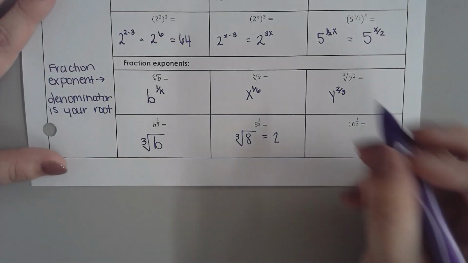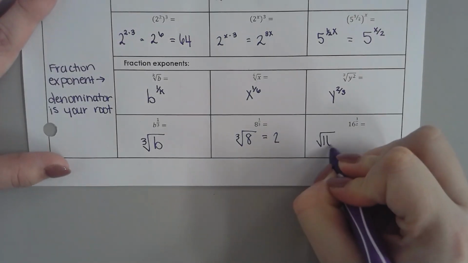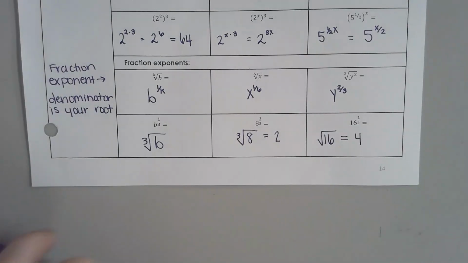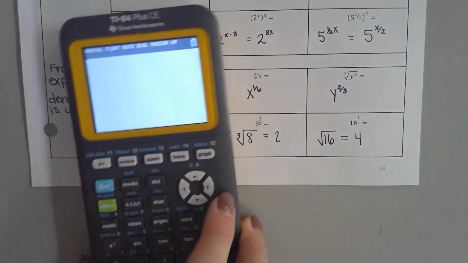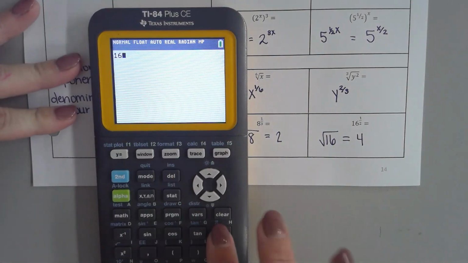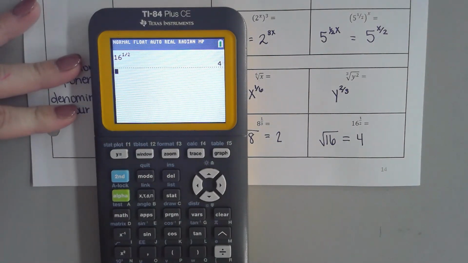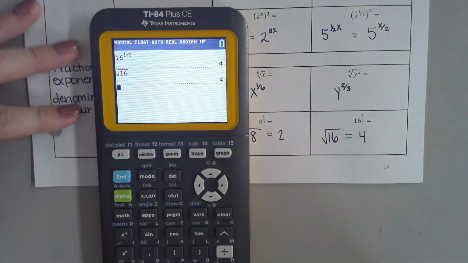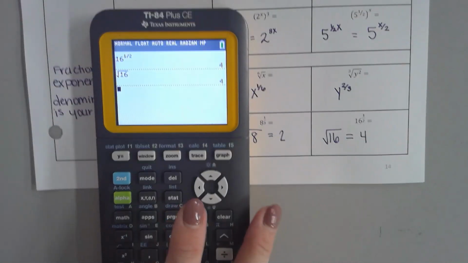Square root. Yep, the square root of 16, which is 4. In your calculator, if you do 16 to the 1/2 power, you get 4. Square root of 16 is 4.